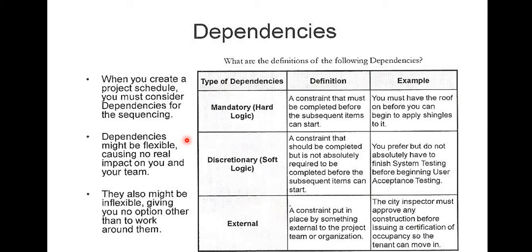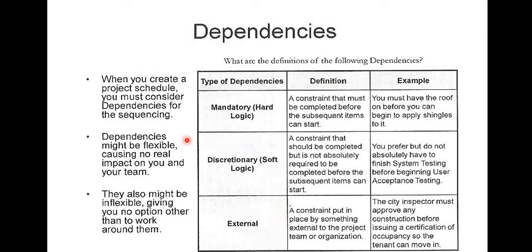What does that mean? It simply means that when we say a few activities are mandatory dependency, it means that there's no other way to do it. We just have one way to do it. We don't have options. So we are saying that, for example, we have to plaster this building before we can paint it.